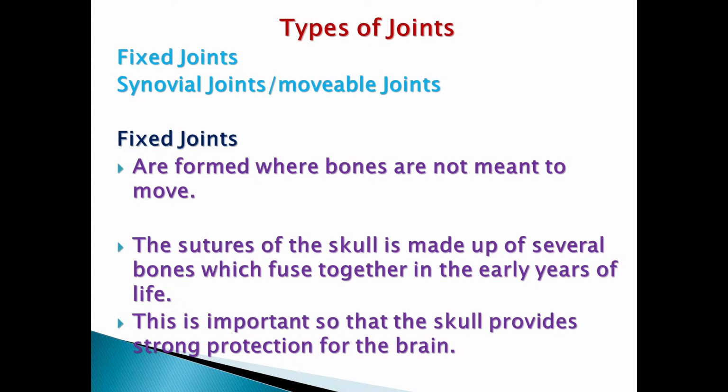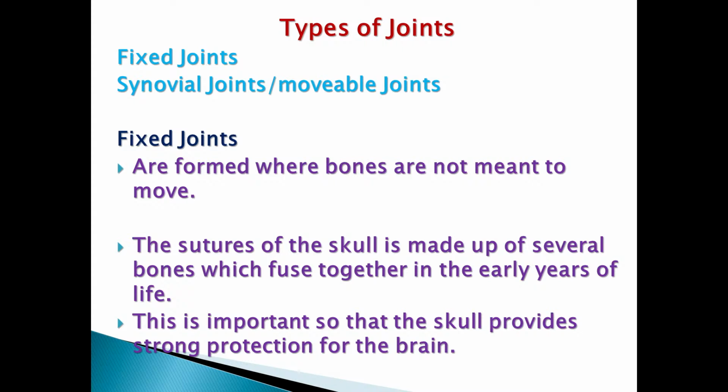So the joints that make up the skull cannot move, simply because the brain is such a sensitive body part, so you can't allow those joints that make up the skull to actually move.